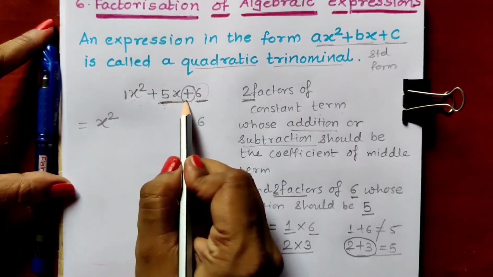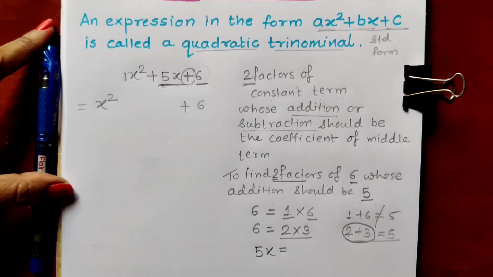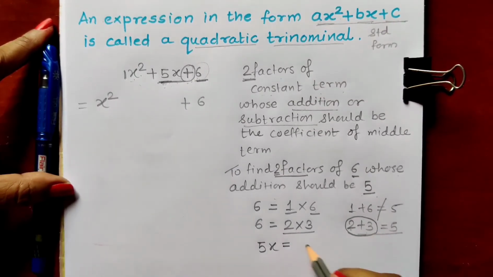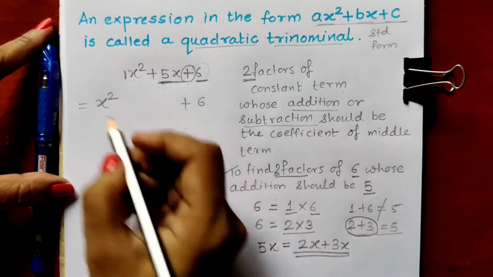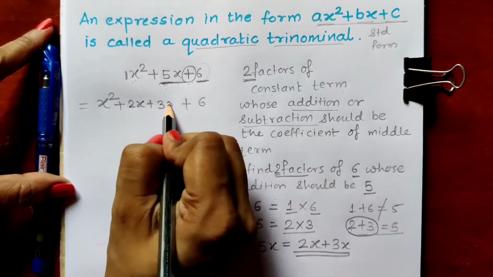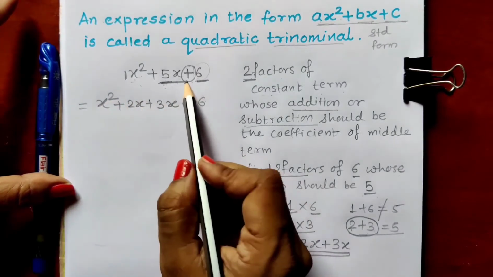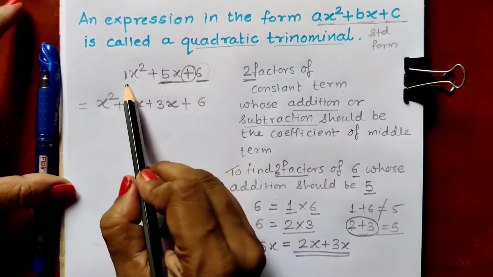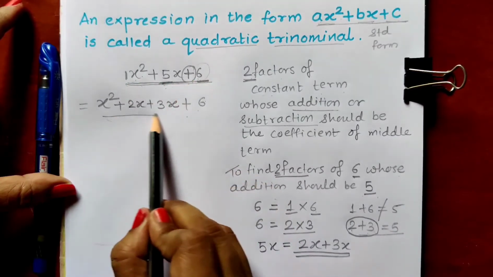In place of the middle term, in place of 5x, we can write 2x plus 3x. So in the next step, in place of the trinomial, in place of 3 terms, we have to write 4 terms.